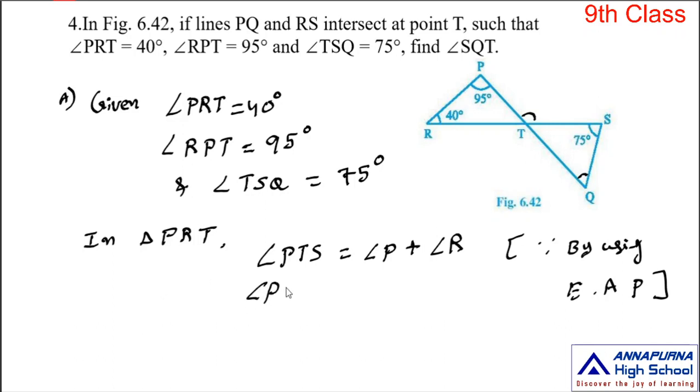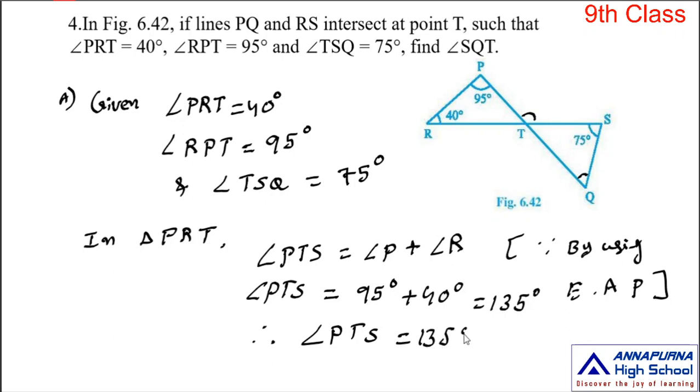So angle PTS is equal to angle P, which is angle RPT, 95 degrees, plus angle R, which is angle PRT, 40 degrees. Adding 95 degrees and 40 degrees, we get 135 degrees. Therefore angle PTS is equal to 135 degrees.